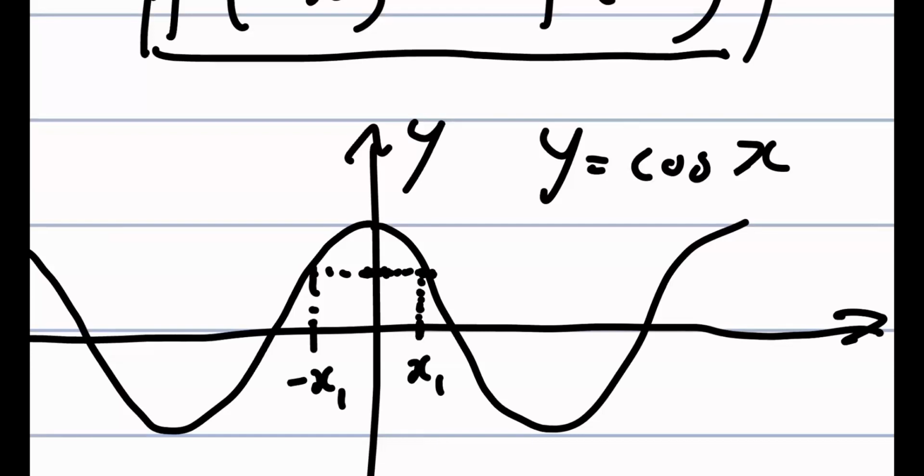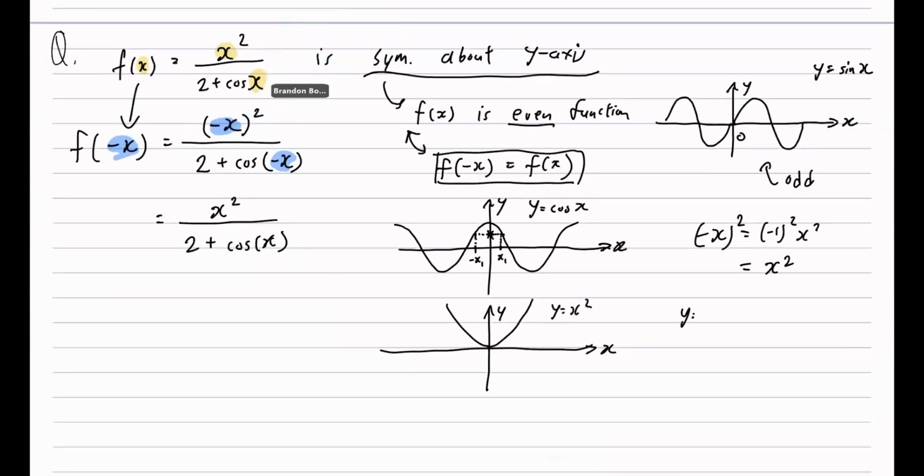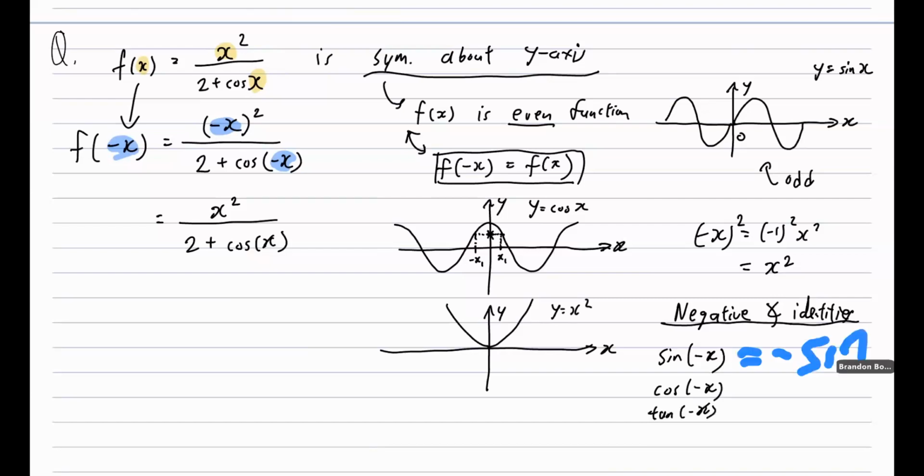What's the other thing besides the cannot take out the negative sign? Remember that cosine is the weird one. Sine of negative x, cosine of negative x, tangent of negative x: negative sine x, then cosine x, then negative tangent x.